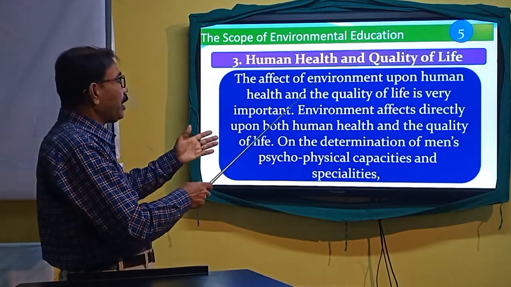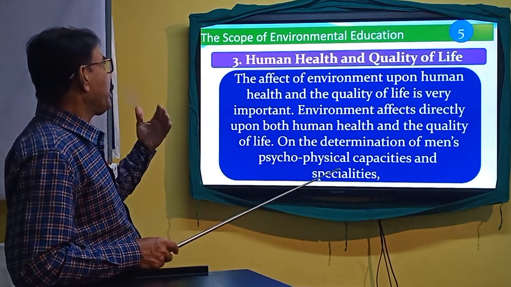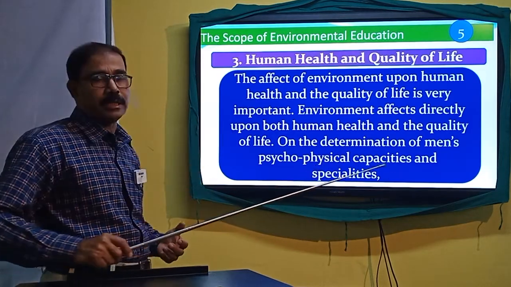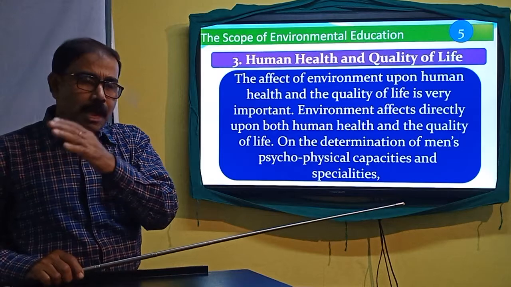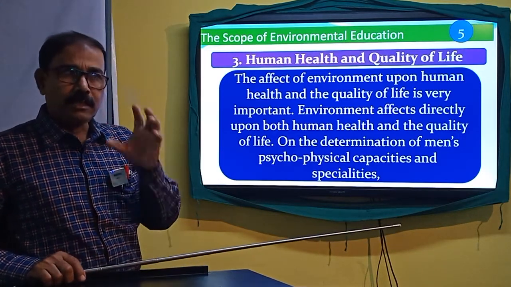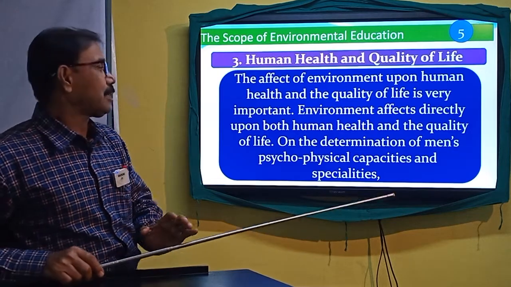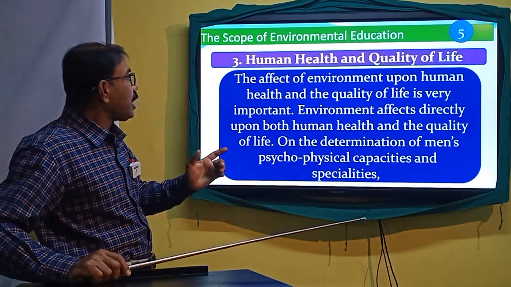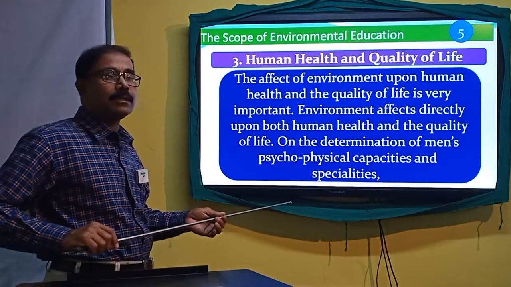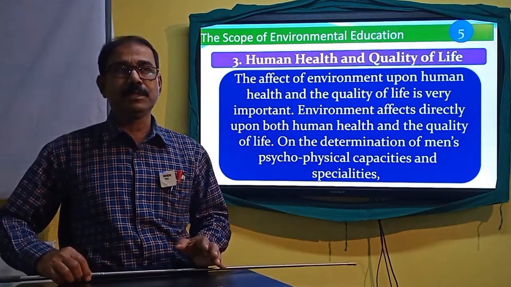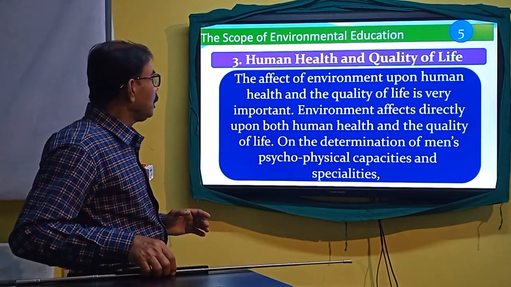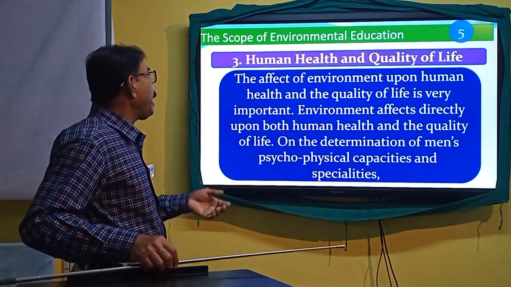The effect of environment upon human health and the quality of life is very important. The impact of the increased number of population is very serious, and at the same time the impact of environment upon human health and quality of life, meaning lifestyles, is very important.